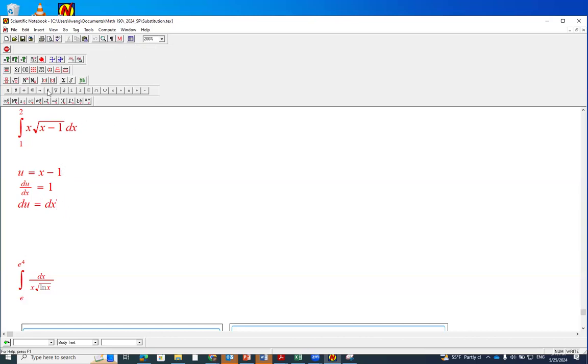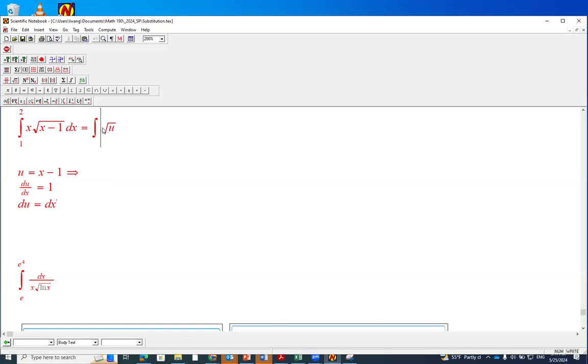But from here, we need another piece of information. We can get another piece of information, right? Because as we're doing this substitution, looking ahead, dx can be replaced by du, no problem. And here we have x, we have root x minus 1, that's just square root of u, right?